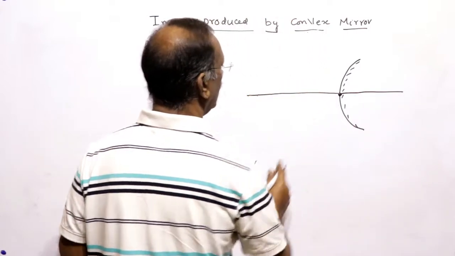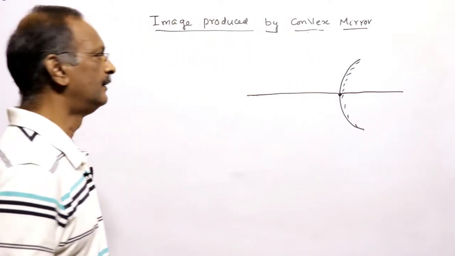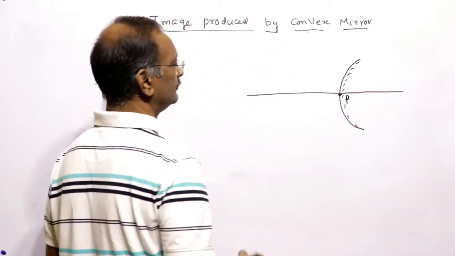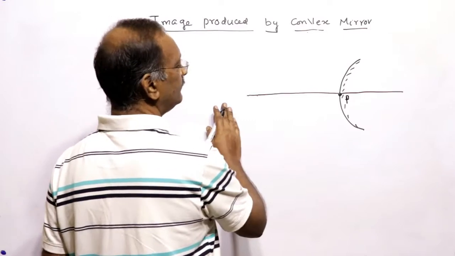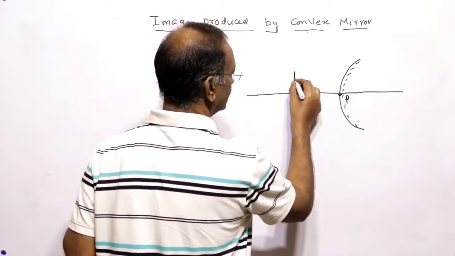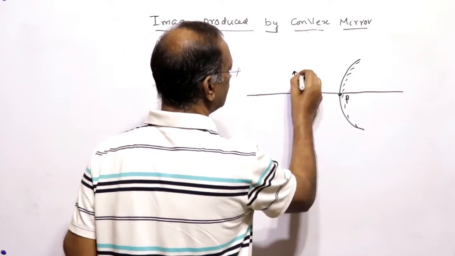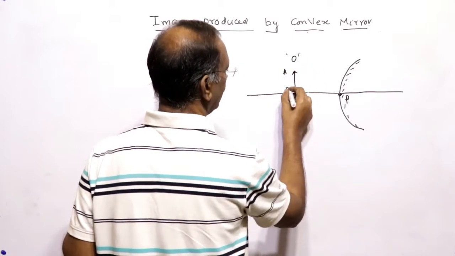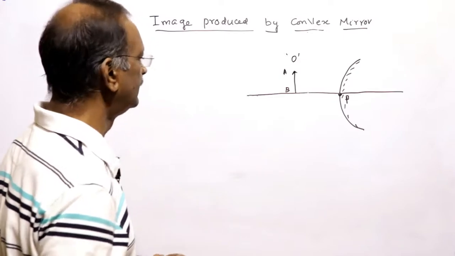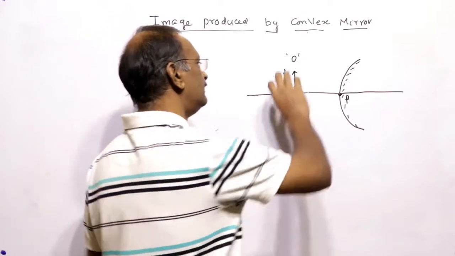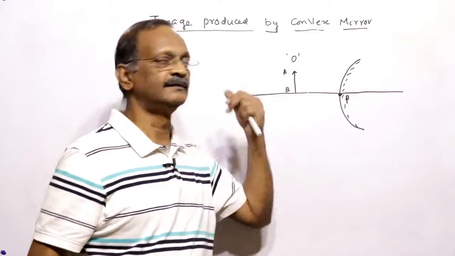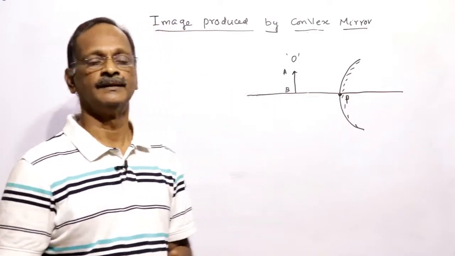We keep the object anywhere between the pole and a certain finite distance. Say we keep the object here. This is the object, say AB. When the object is kept here, we need two rays from the object to find the image formed by the convex mirror.